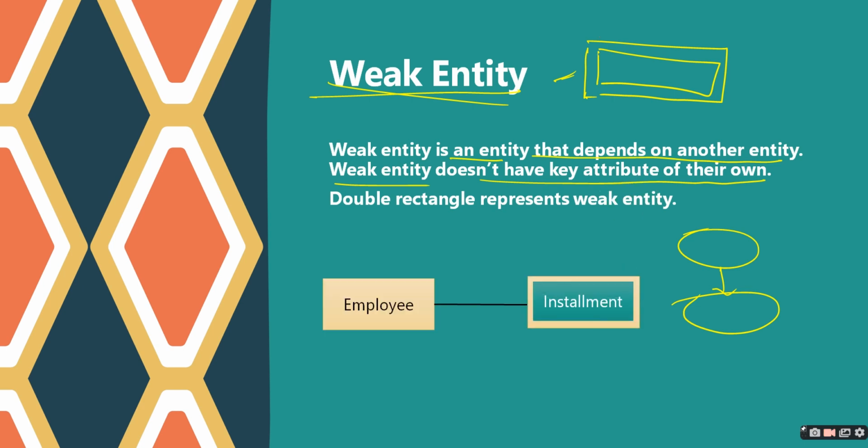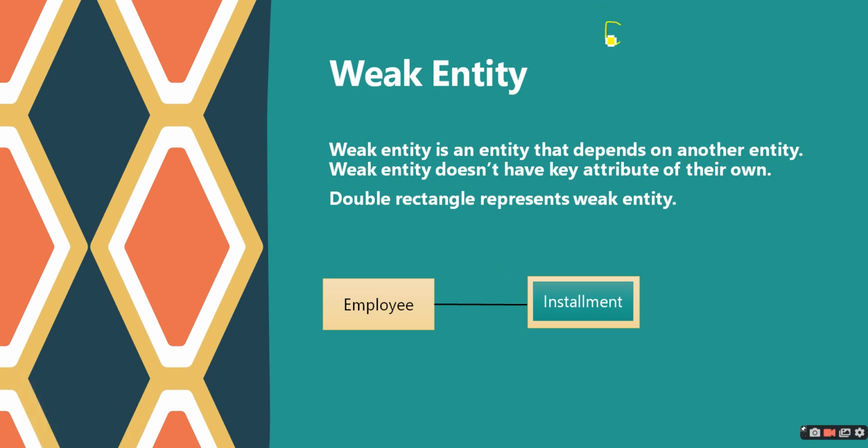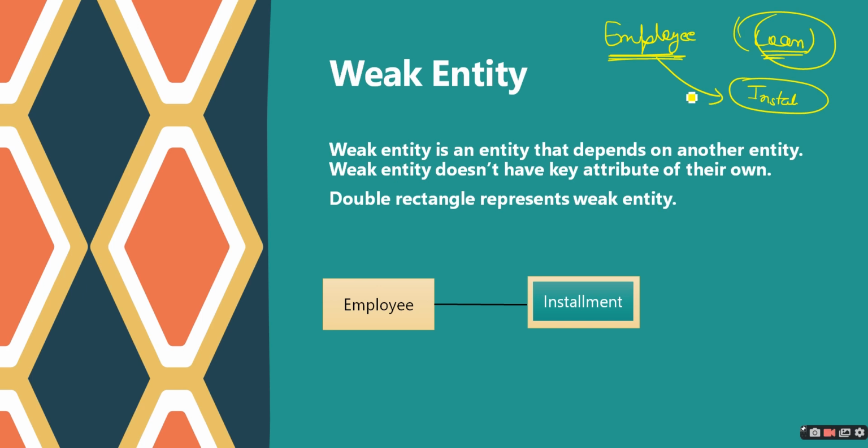Okay, now this example: employee and installment. Let's say I am an employee and my organization provides a loan facility. So if I take any loan, only then am I going to pay some installment, right? If I don't take this loan, then there will be no relationship between this employee and this installment directly. If an employee takes any loan, only then will this employee have a relationship with this installment.